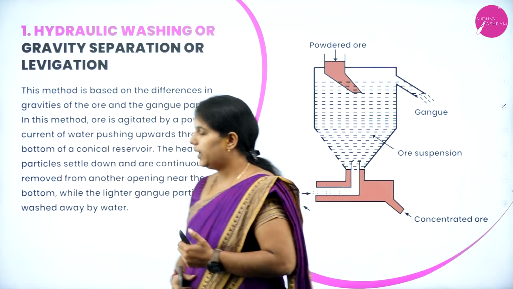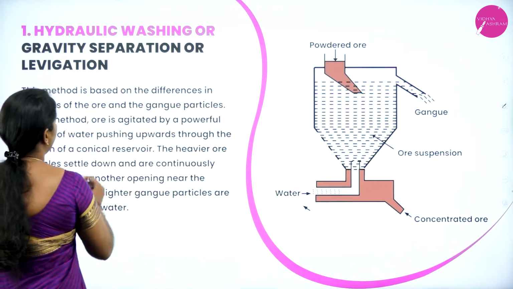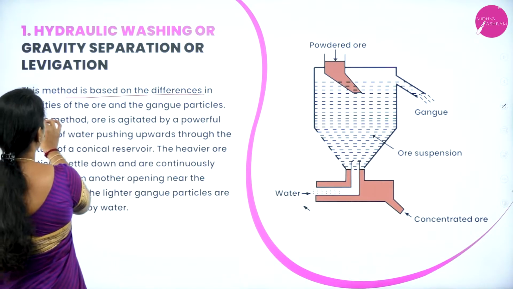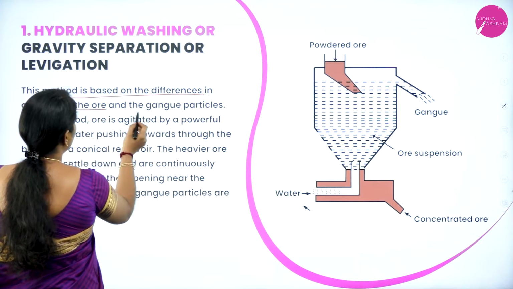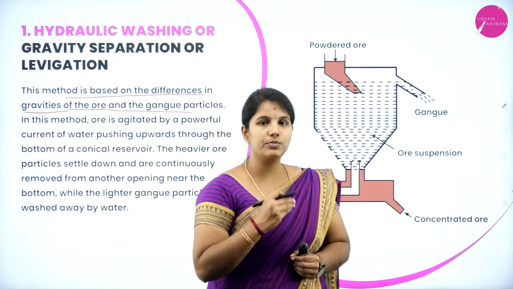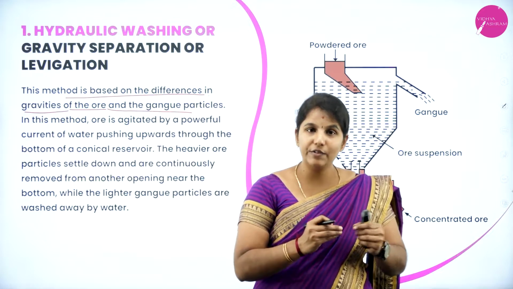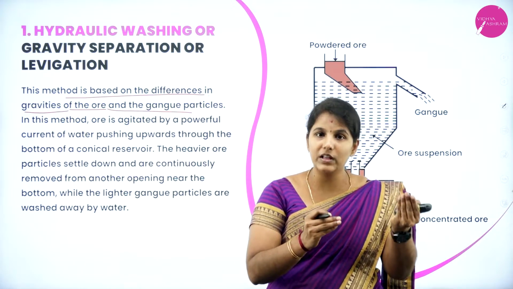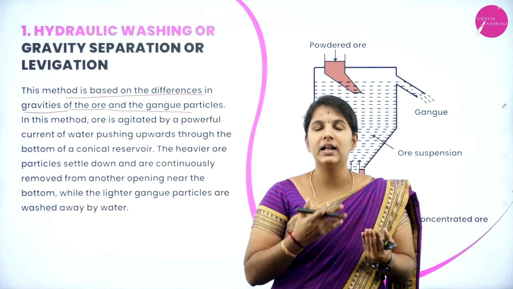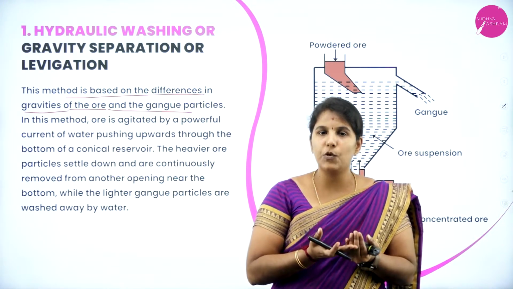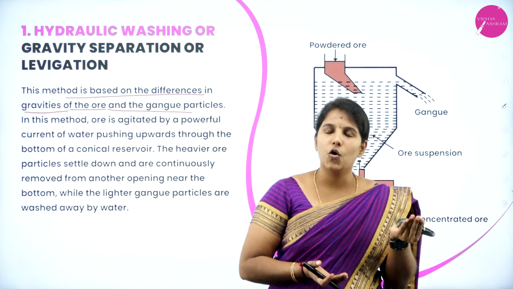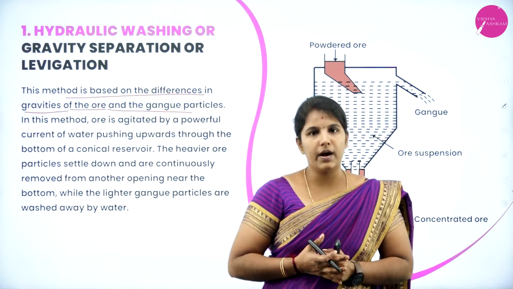In this method, it depends upon the difference in the gravities, or density, of the ore and the gangue particles.